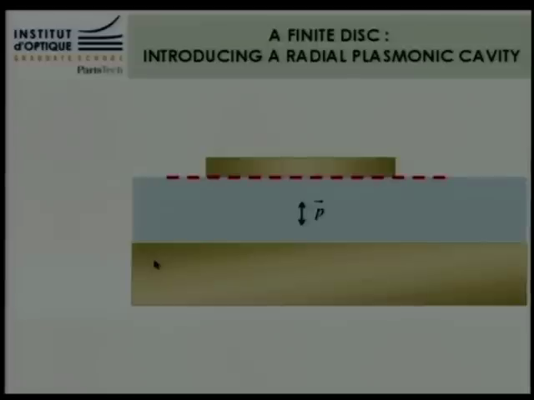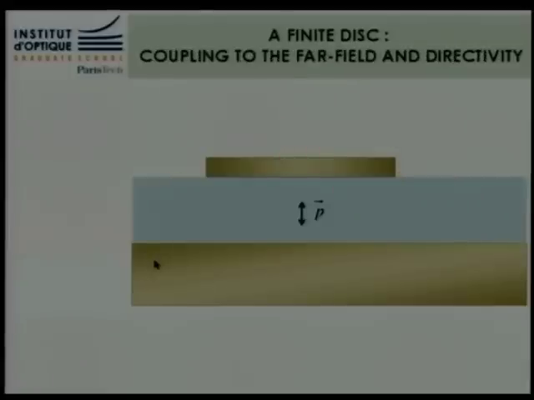And so when computing a radial cross-section of the electric field, one finds this standing wave, which is given by a sum of Bessel functions because of the cylindrical symmetry.